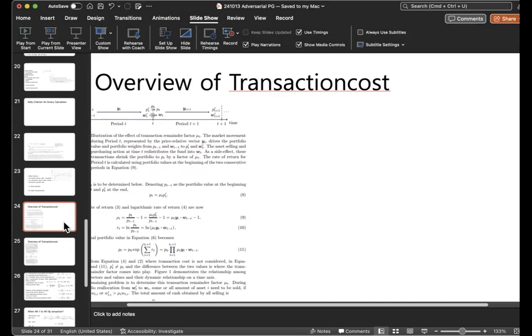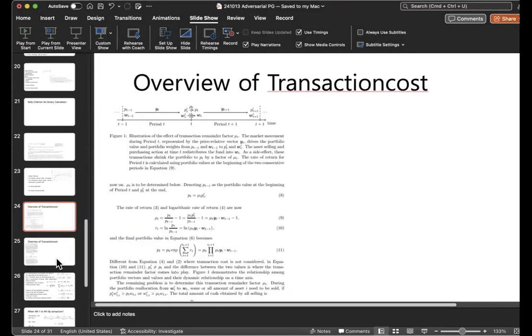But if there comes transaction cost, then it is very difficult to calculate when we should buy and when we should sell, because even if stock prices go up, maybe it is a loss for us because transaction cost is maybe bigger than the gain that we can get.